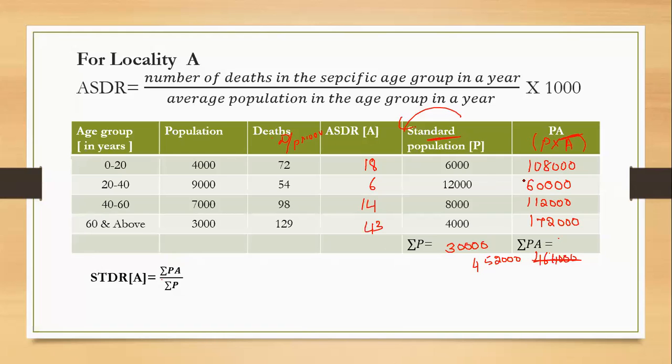Here it is 72,000. So what is the total? 4,64,000. Yes, sorry, Ankita, good observation. Okay, 4,64,000. Students, it is 72. 6 into 12 is 72.